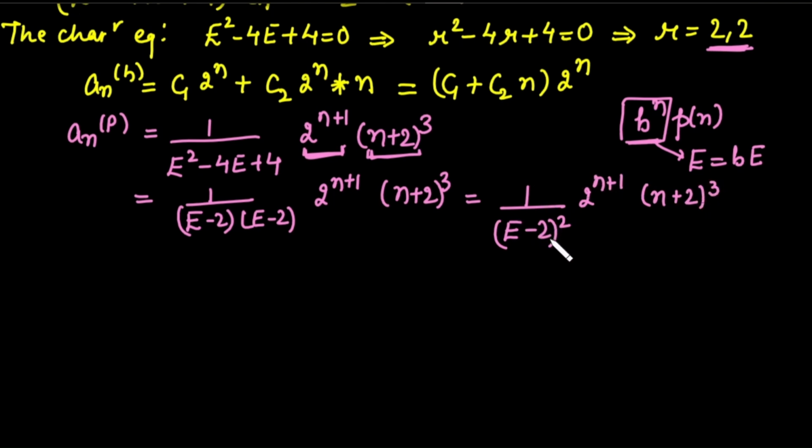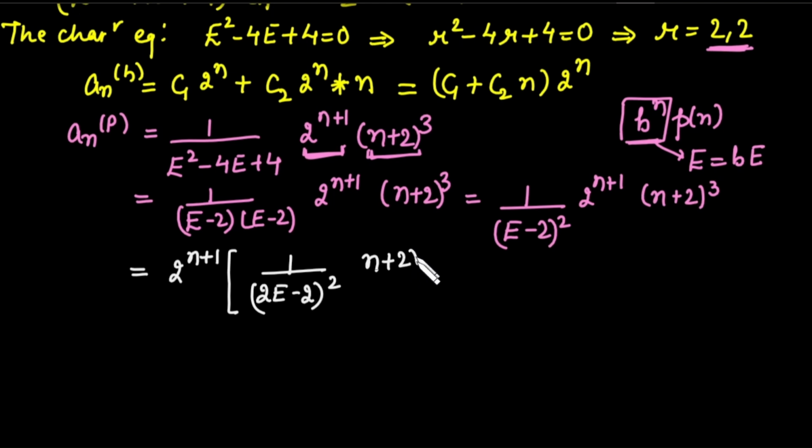Now the calculation is easier if we substitute E by bE for dealing with this case. So in this case, we have 2 raised to power (n+1), and E is replaced by 2E, giving (2E minus 2) whole square, and this polynomial is as it is.